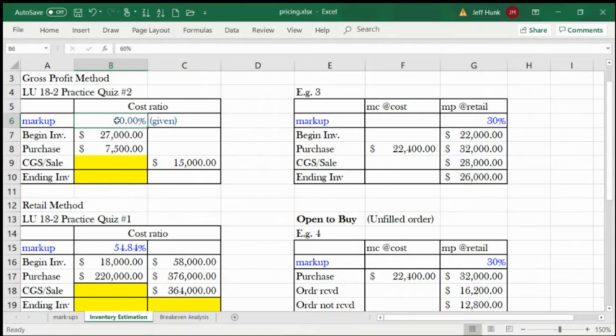But usually in both the retail method or gross profit method, the markup rate can be based on cost or selling price.